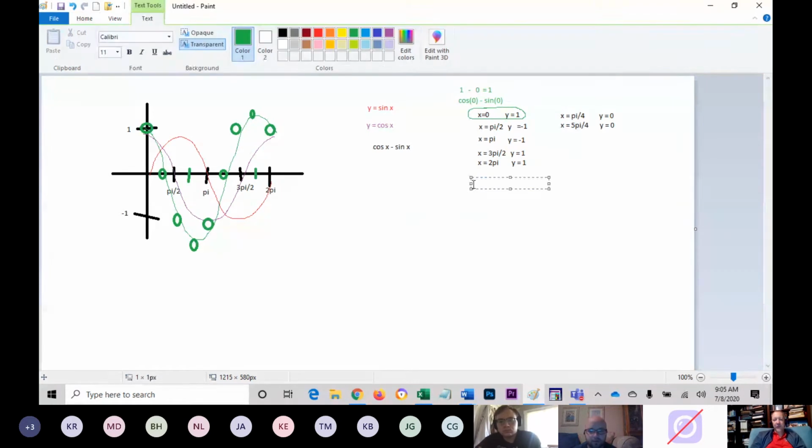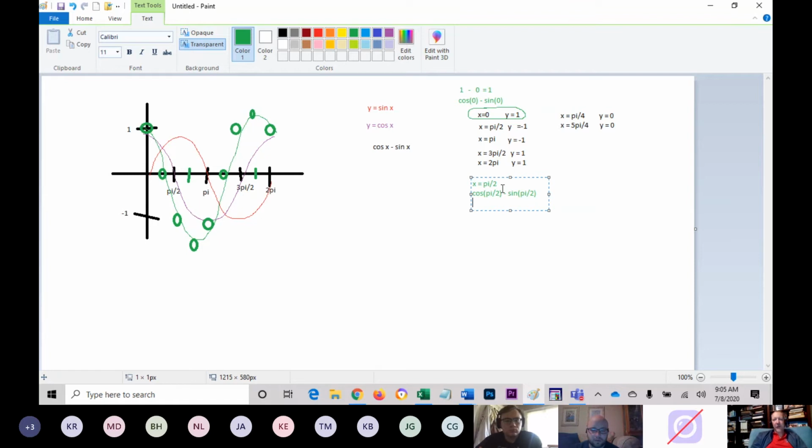So when I say that x equals pi halves, essentially what I'm saying is, what's the cosine of pi halves minus the sine of pi halves? Well, you can look at the graph here. The sine is the red graph. The cosine is the purple graph.